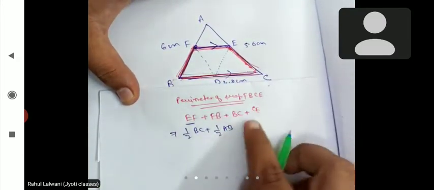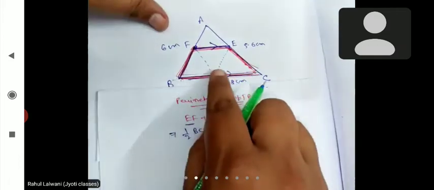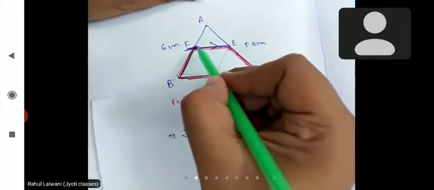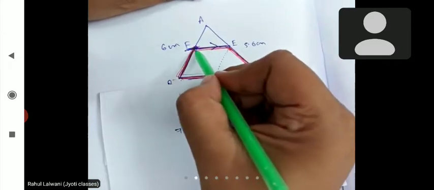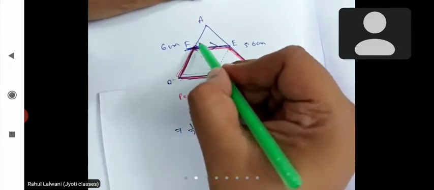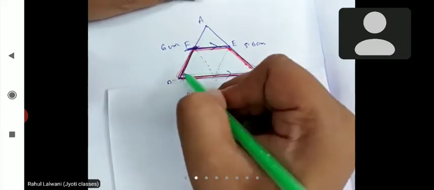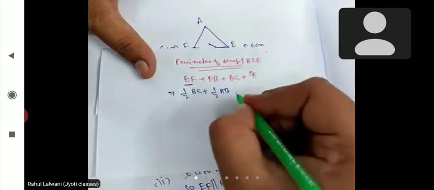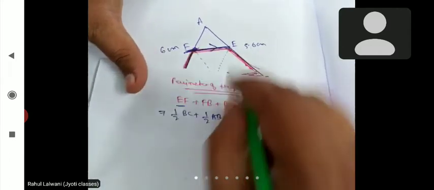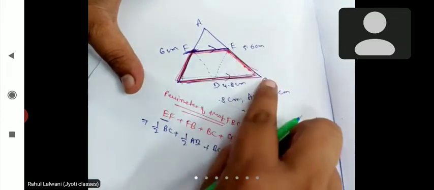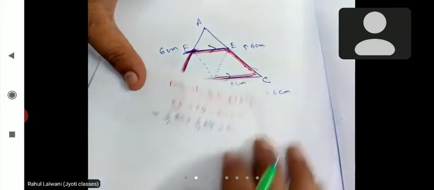Why is FB half of AB? F is the midpoint. Remember, what is F? F is a midpoint, that is why FB is half of AB. Plus BC, and CE is half of AC.